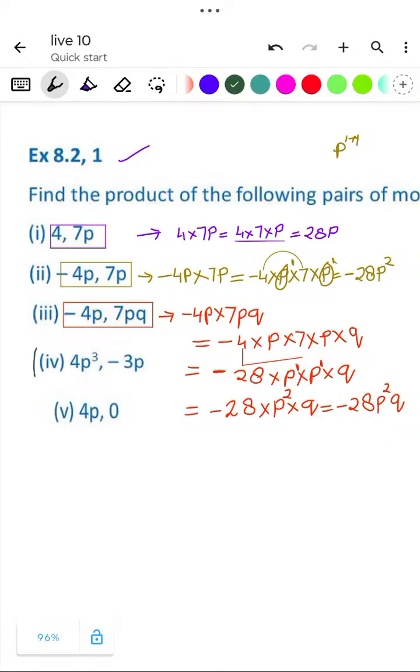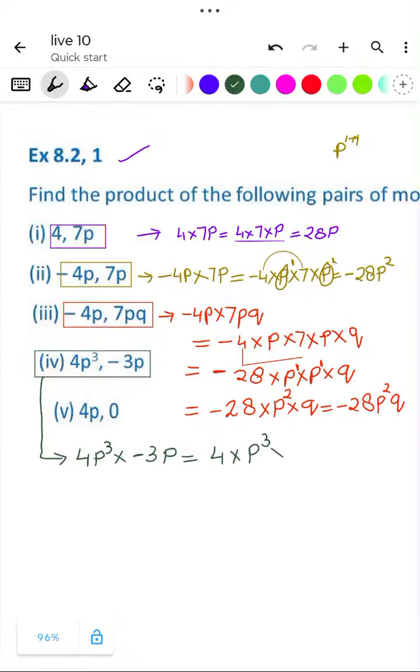Now the fourth is 4p cube and minus 3p. So this can be written as 4p cube times negative 3p, and this is equal to 4 times p cube times negative 3 times p.